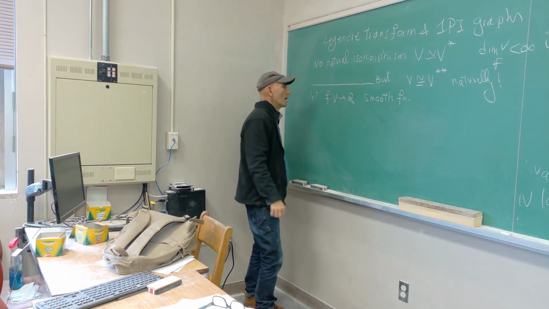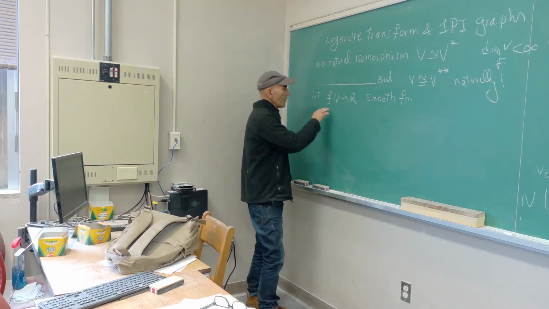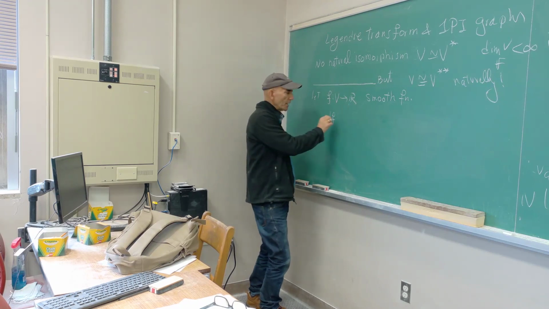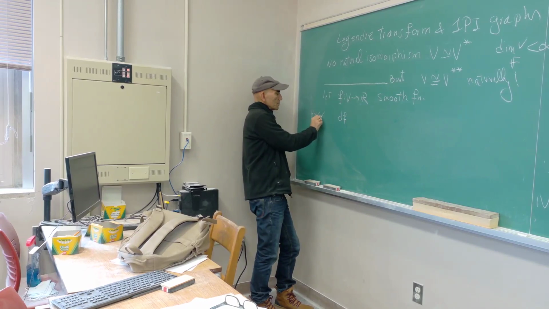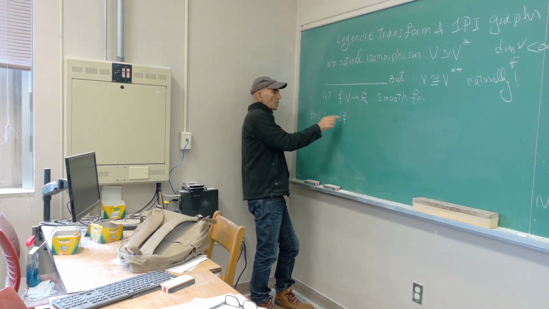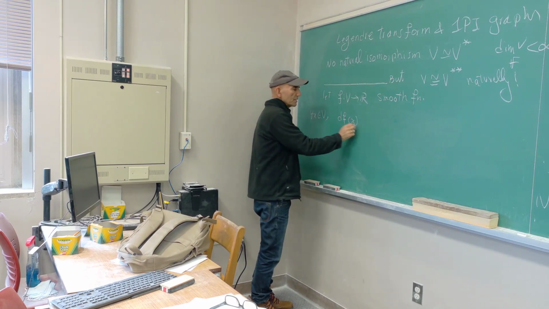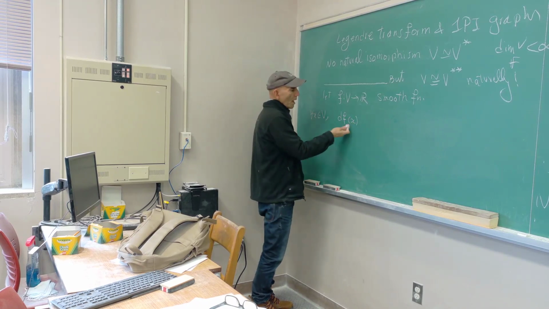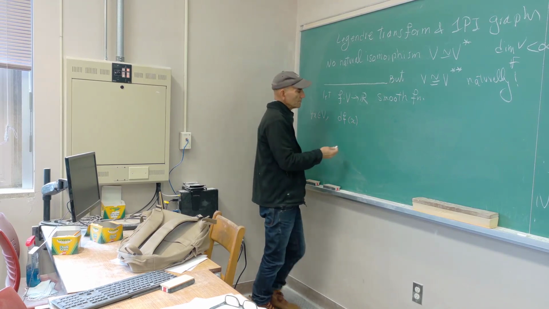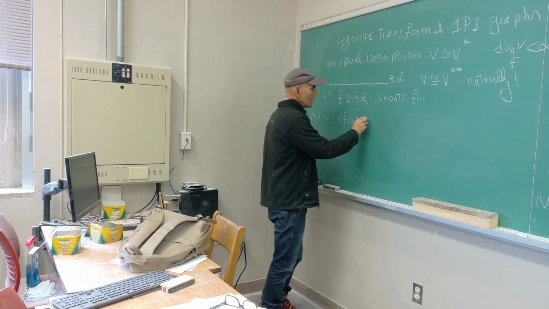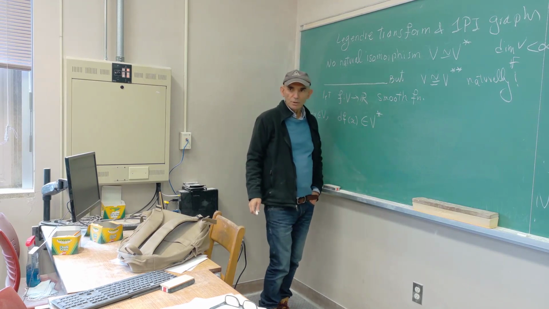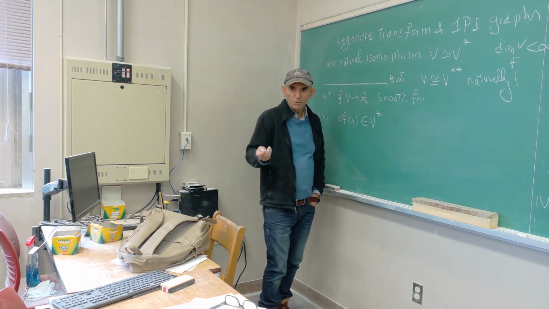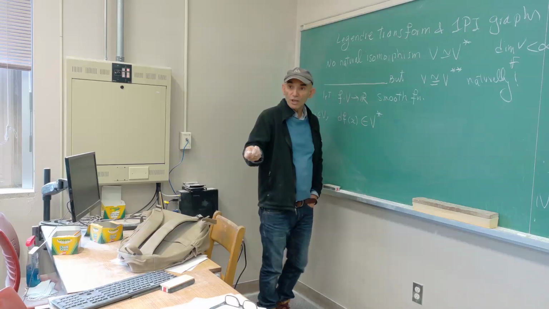Okay. So if you have a smooth function, then you can take its derivative, df, at any point x belonging to V. This, as an object, belongs to V star. It's a covector. It's a linear function, actually.